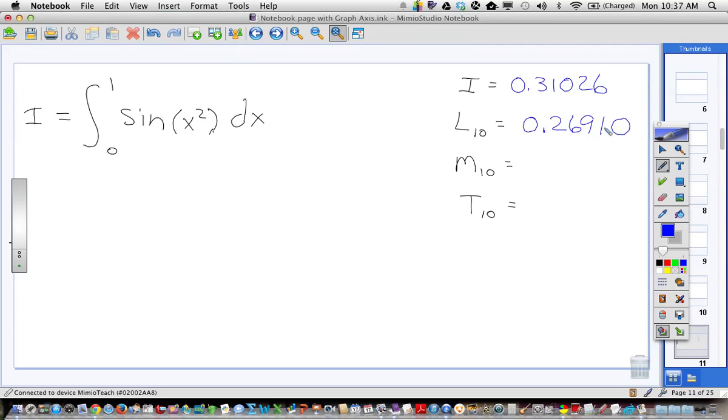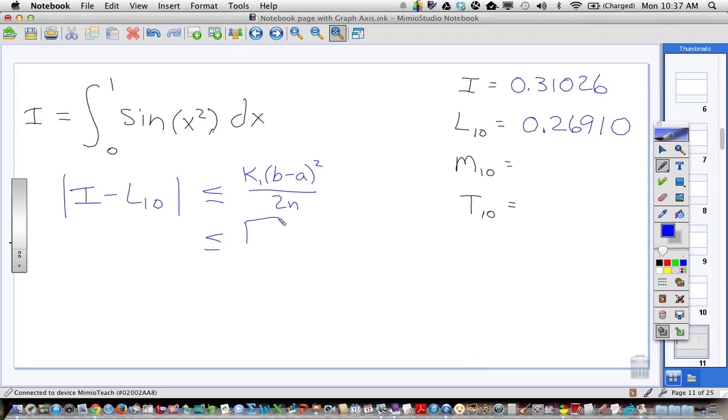So L10 is 0.26910. So we're looking for that. All right, well, here's our little formula. The error, so I minus L10, according to the formula, is less than or equal to K1, okay, here's the formula.